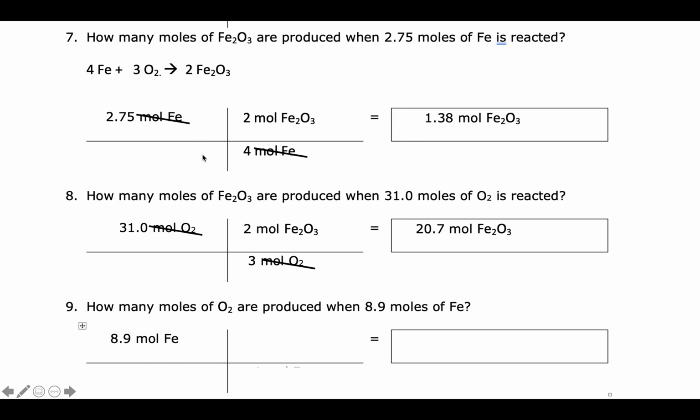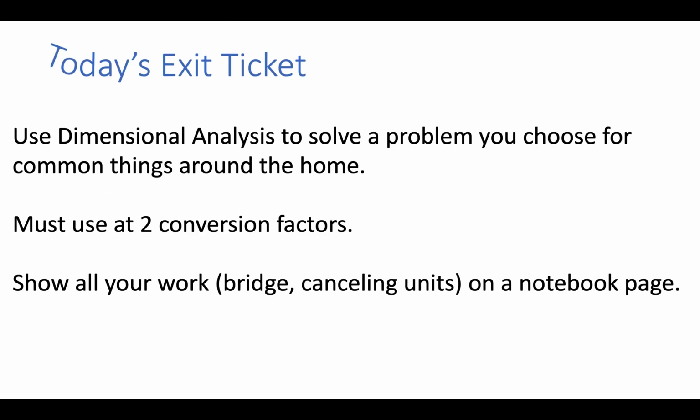It's a matter of placing them correctly on the bridge here. We want the iron on the bottom so that we cancel out to get to moles of oxygen. That's what the question is. And we come out with 6.7 moles of oxygen. And we are totally happy with that.